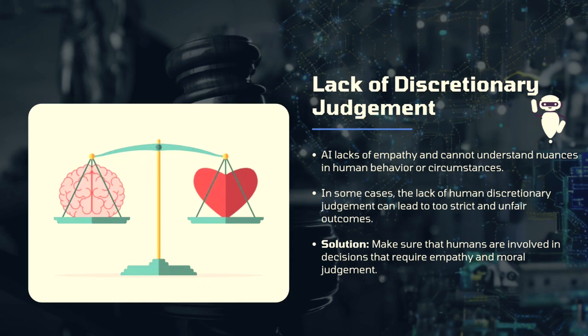It lacks sympathy and empathy, and it cannot fully understand human emotion, behavior, or individual circumstance. So in this case, the outcome of AI can be too strict, unfair, or lacking compassion and understanding. That's why it's a must to have humans involved in decisions that require empathy and moral judgment.